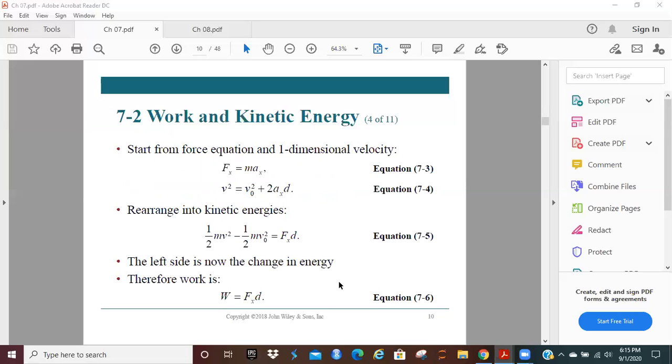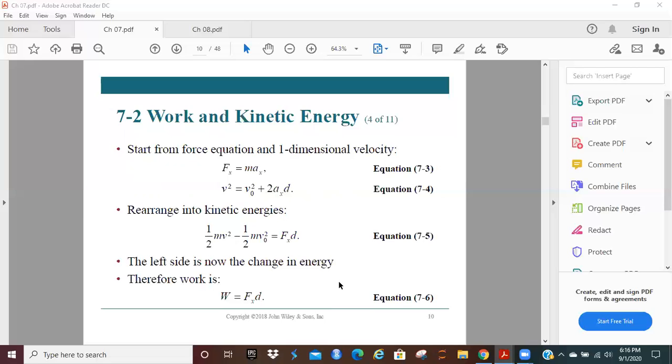All right, so start from the force equation and one-dimensional velocity. So you've got the force in the x direction is equal to mass times acceleration in the x direction. Then you've also got the velocities and acceleration in the x direction in the next equation. If you rearrange into definitions of kinetic energies, what you find out is that 1/2 mv squared, your final velocity, minus 1/2 mv naught squared, is going to be equal to force times the distance.